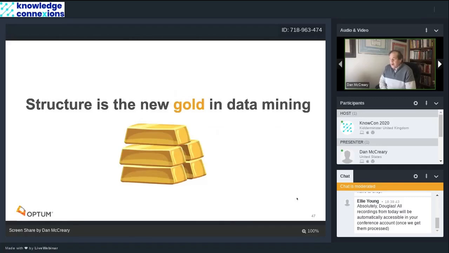And so now one of the things we want to just mention is that when we're looking for algorithms that work against graphs, one of the tragedies is that in the past we haven't taken the structure of the graph into account when we're building features for machine learning. And one of the summaries I have is structure is the new gold in data mining. So we're now taking algorithms like graph convolutional neural networks.